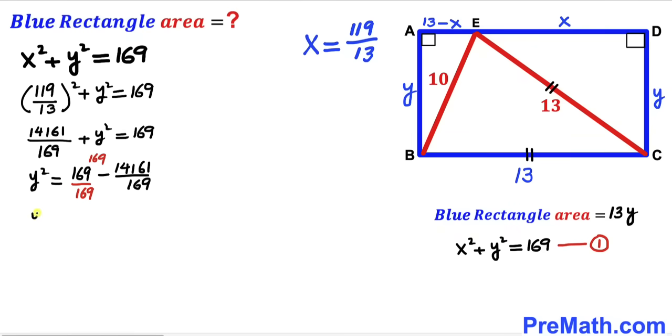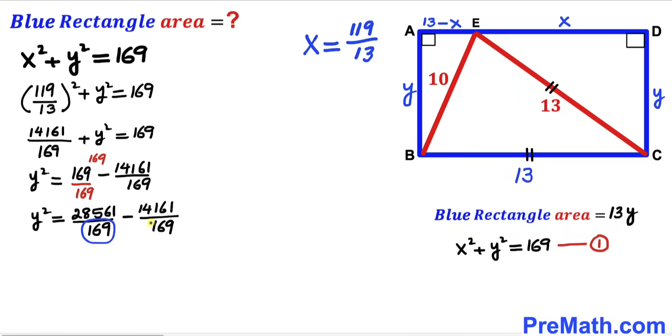So y squared is going to be equal to 169 times 169, which gives us 28,561, divided by 169, and then minus 141.61 divided by 169.